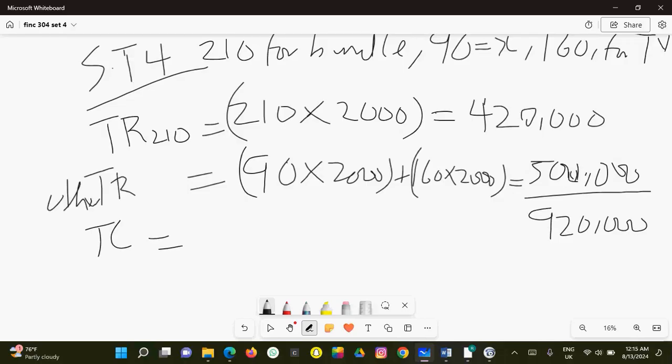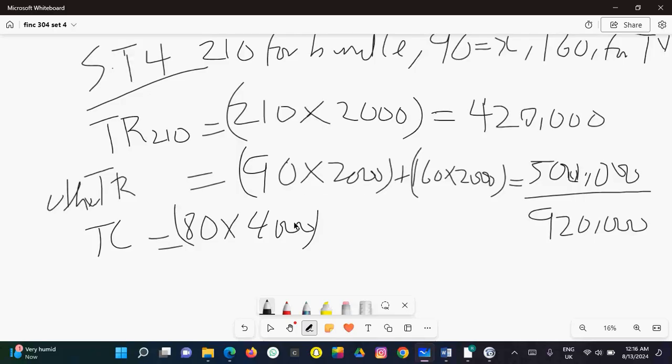Total cost is going to be 80 times 4,000, because the total quantity to be produced is going to be 4,000. 2,000 for each, and then 2,000 for the other.